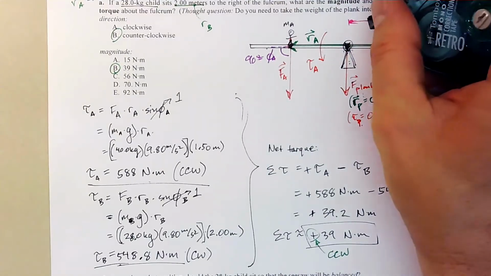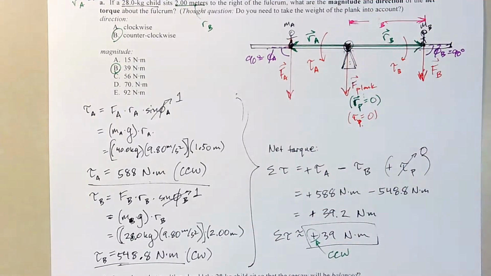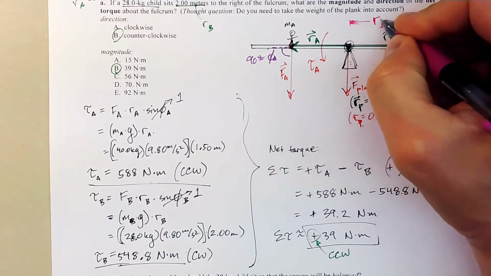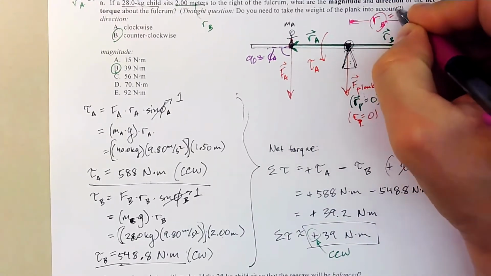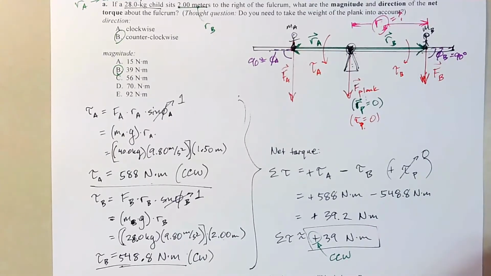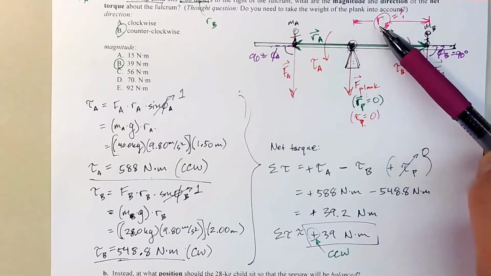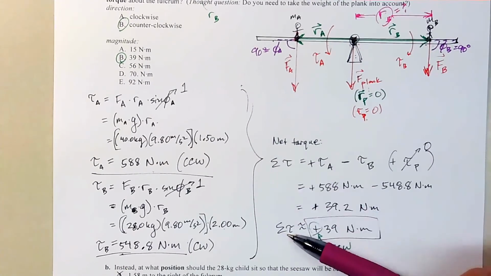I'll keep the name RB because that's what we already have for that distance. So for part B down below, that is unknown, and what we do know is that the net torque is supposed to be 0.